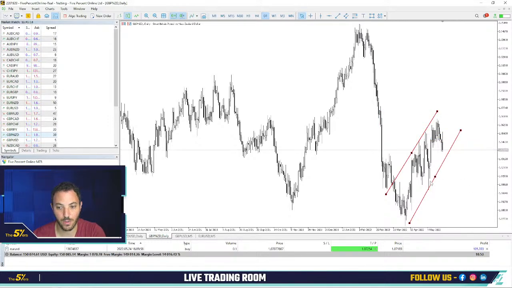There might be some demand there, so I expect this to continue lower to react to demand, and continue higher, and we will see just a continuation of this channel.